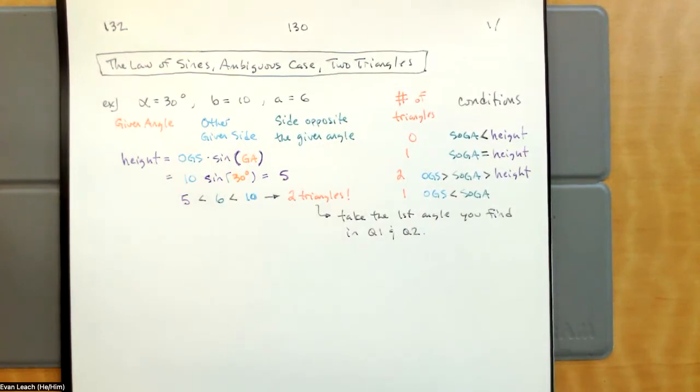That's how we split the problem into two triangles. We take that first angle that we find and we put it in quadrant 1 and quadrant 2.